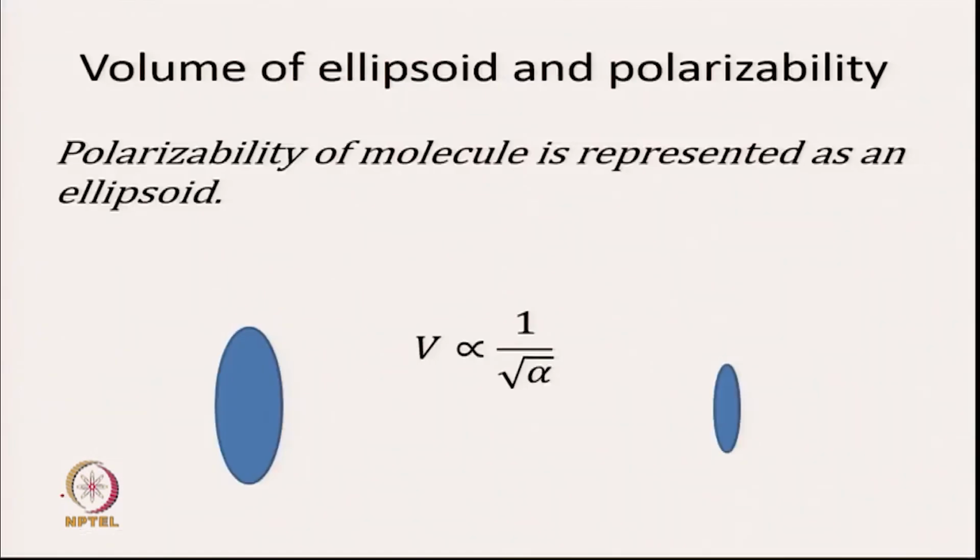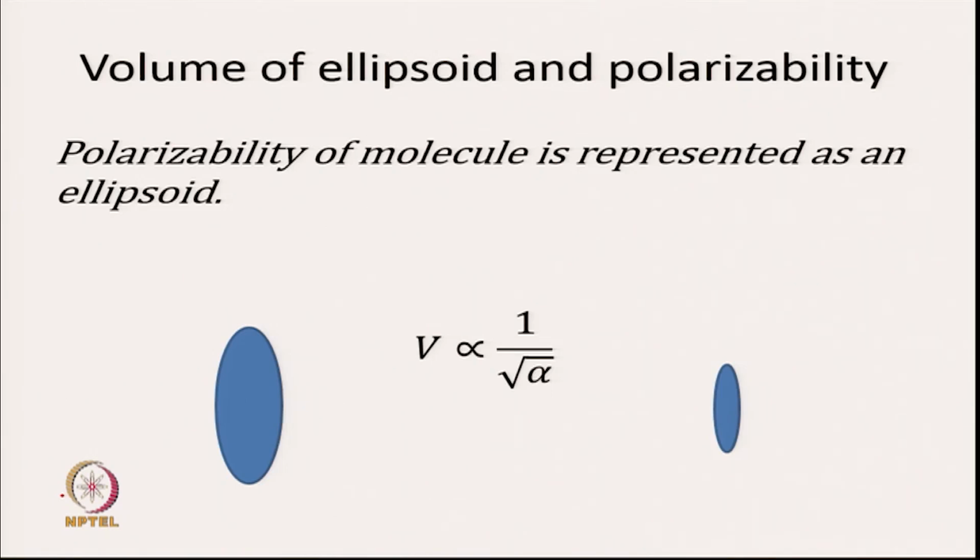So let us first understand what we mean by the volume of the ellipsoid and polarizability. It is important to understand polarizability because then you can understand whether a molecule is vibrational Raman active or not.